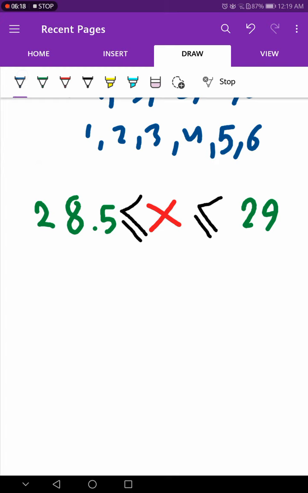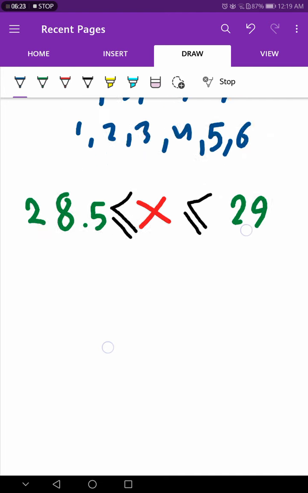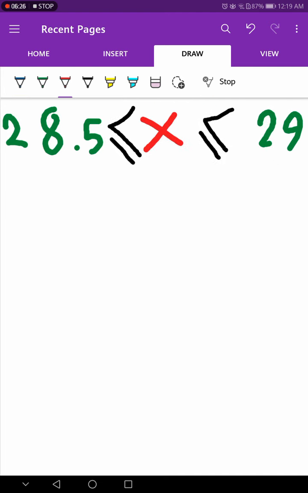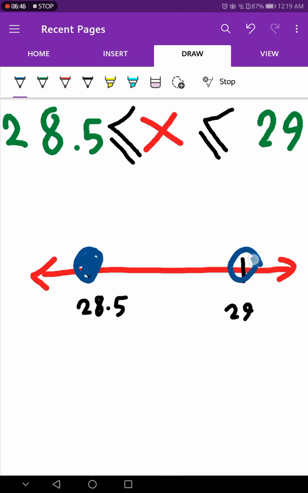Now I will draw the number line here and put the first number here, 28.5, or 28 and a half, and here 29, and draw the circle here and fill it, and draw the circle here and fill it, my dear student, and the solution is between them.